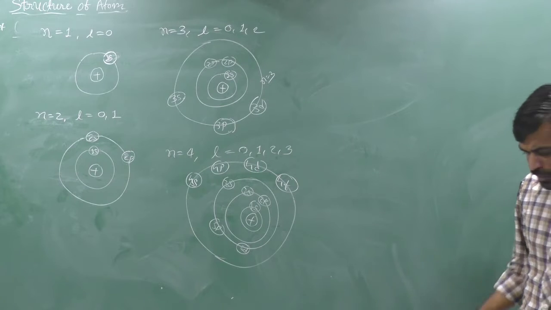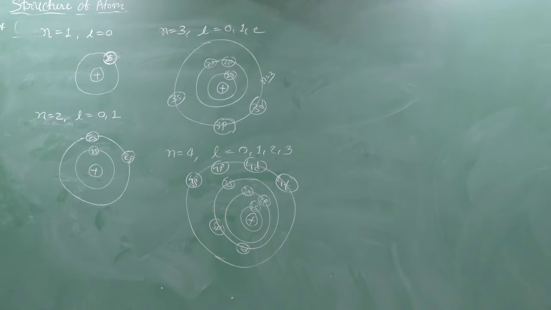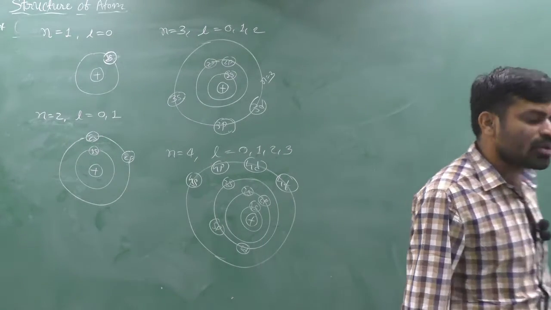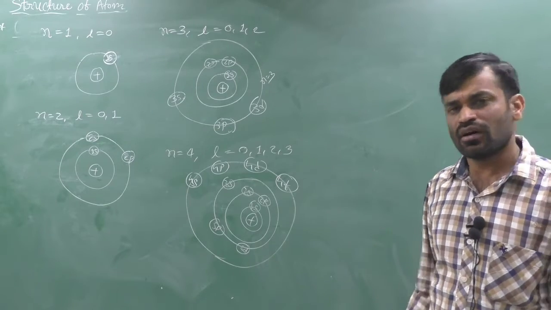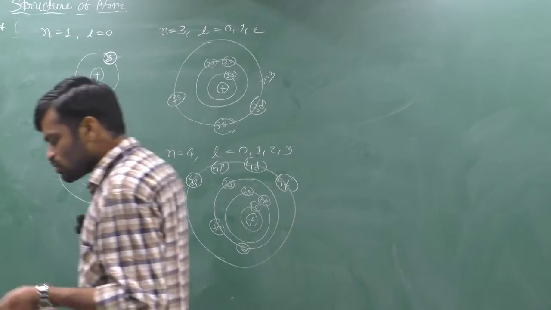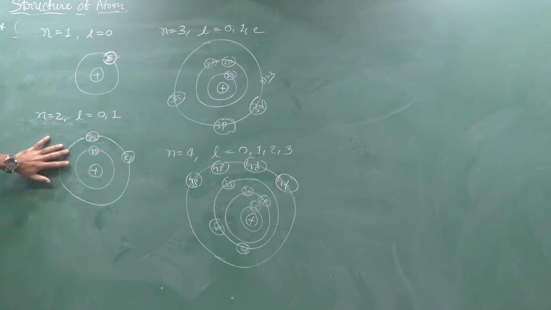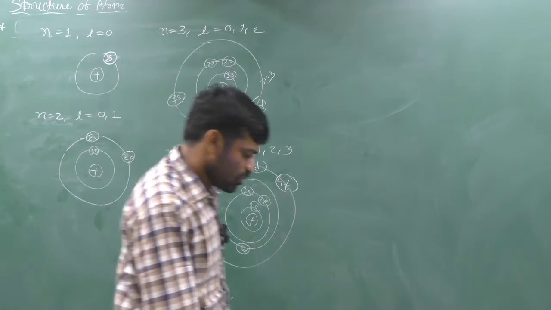It is the actual picture of the structure of atom. Now if someone asks how many types of orbitals are there in the fourth energy level, we can say 4, third 3, second 2, first 1. The first energy level has only one orbital, the second has 2 types, the third 3 types, the fourth 4 types of orbitals.